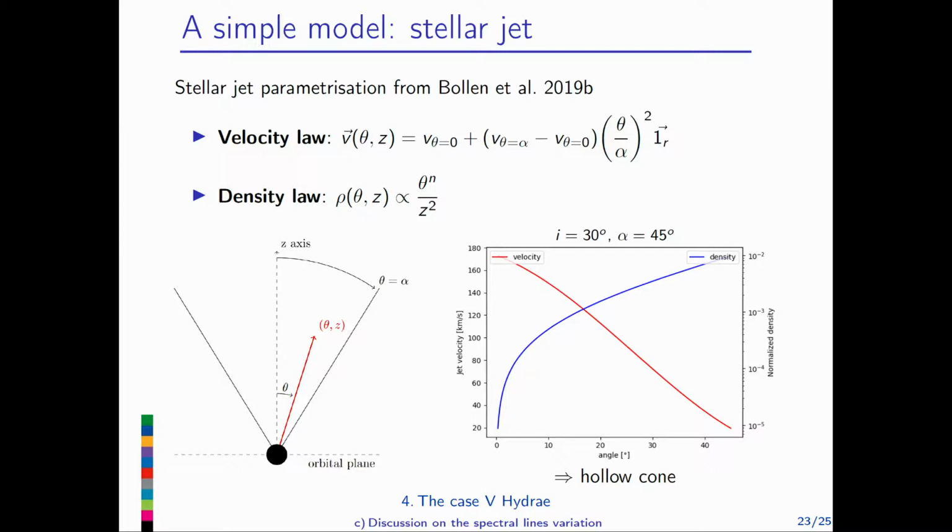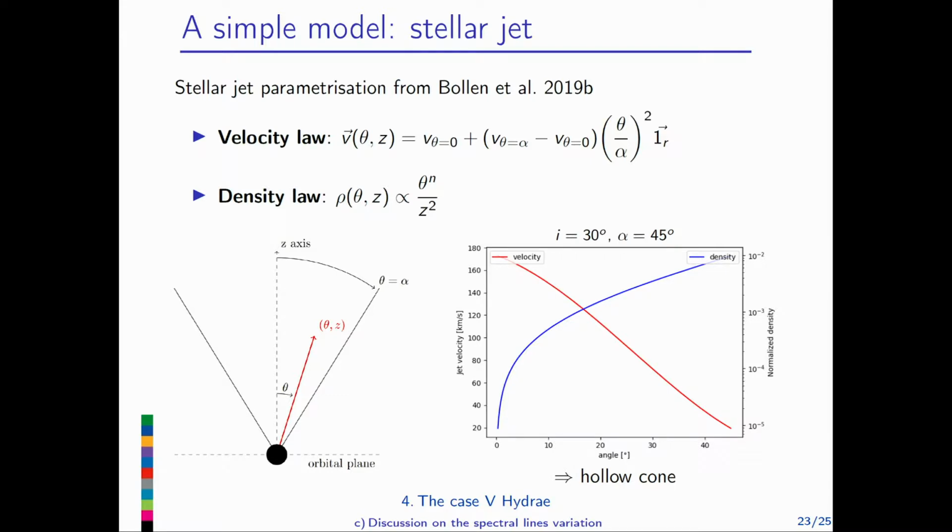So that's quite two simple laws. And what does that kind of law say to us? First, the velocity is maximum at the center and minimum at the edge. So the velocity will follow this kind of behavior, being maximum at 0 and minimum at the edge, so at the angle 45 in that situation.